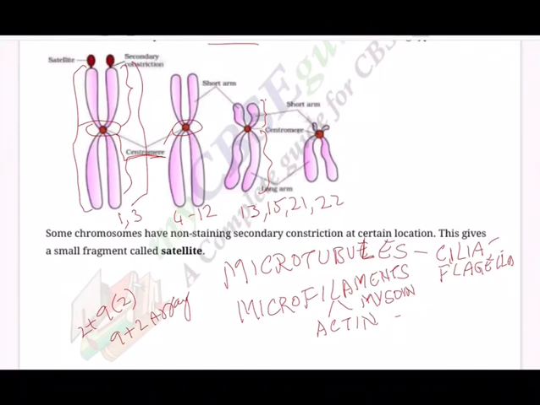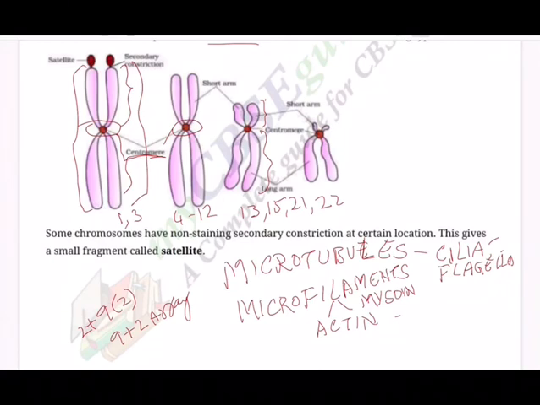Both are capable of producing a current in fluid medium for locomotion and passage of substances, act as sensory organs, and perform many mechanical functions of the cell. And of course, the very important centrioles. These are two cylindrical rod-shaped microtubular structures near the nucleus.